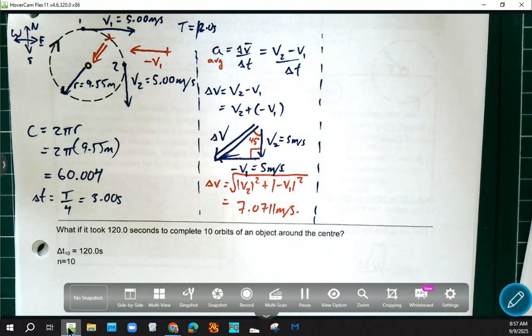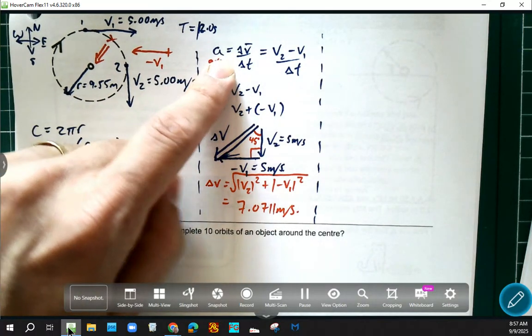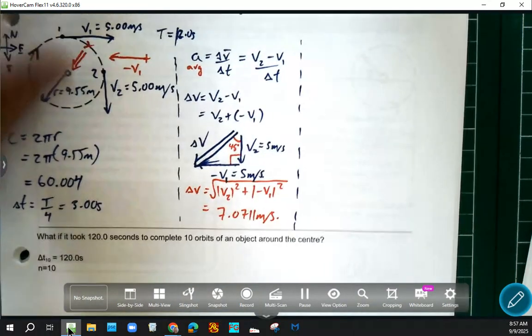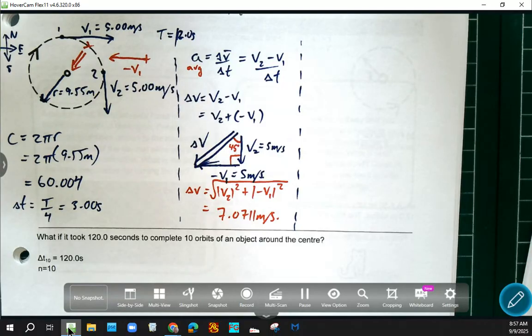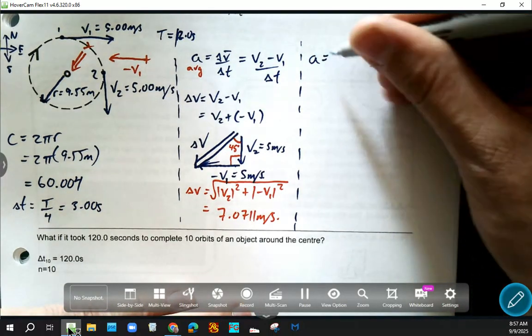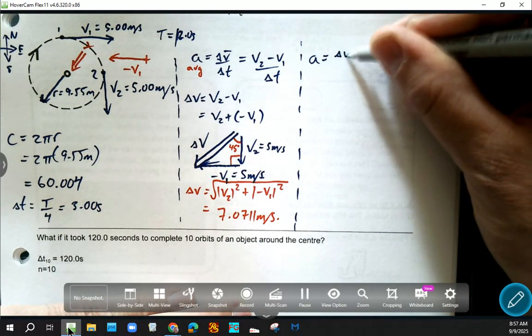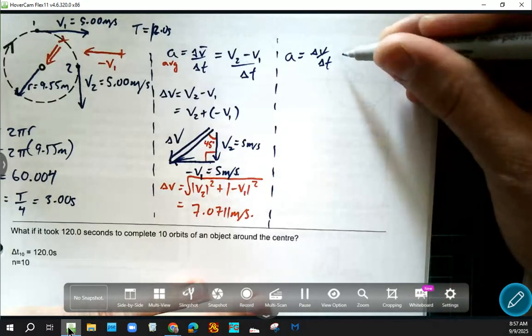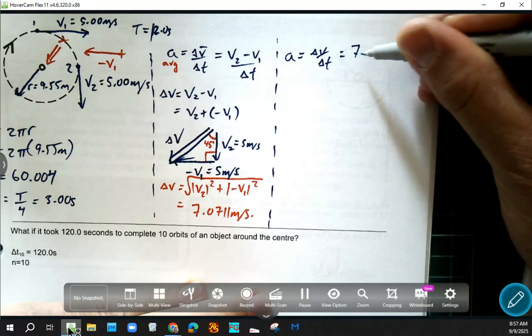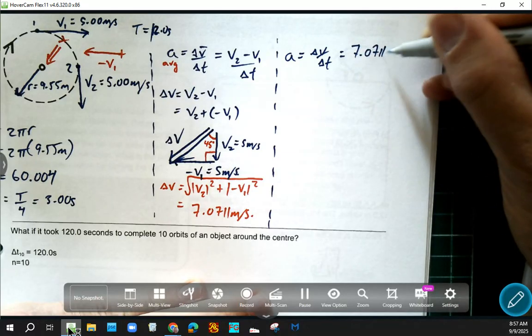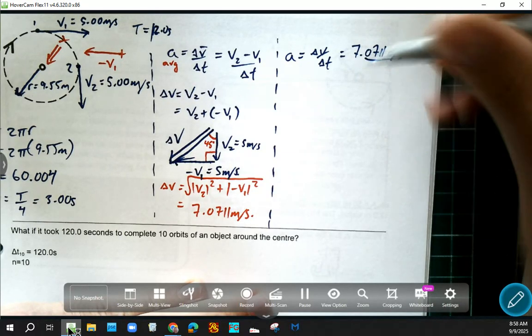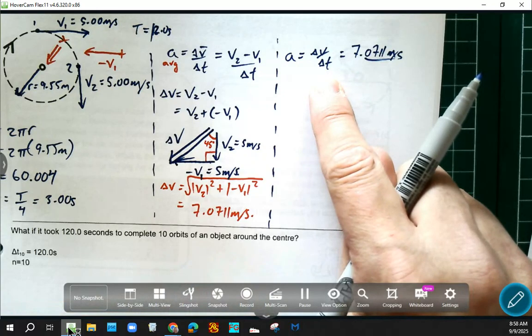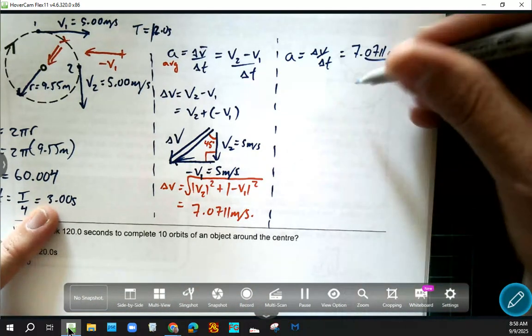And if I go back to this linear model for calculating acceleration with our two-dimensional thinking now, we say, all right, well, acceleration would be equal to delta v over delta t. I'm going to be bad and put two equal signs on the same line. 7.0711 meters per second divided by, remember the delta t for a quarter turn we calculated earlier is 3 seconds.